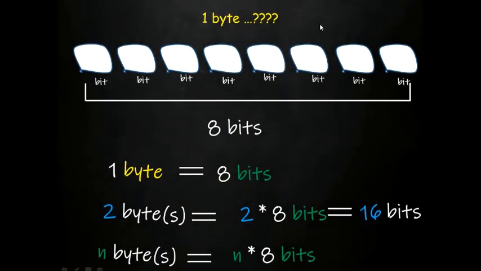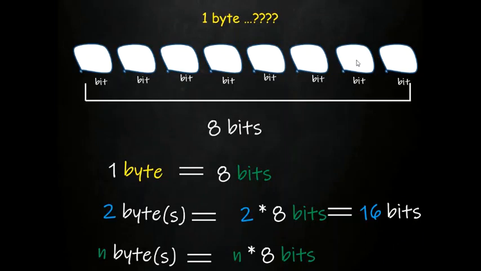So what is 1 byte? 1 byte consists of 8 bits. Each place that you see in white over here is a bit. So anytime you are writing the binary equivalent of any decimal number, make sure you group it in multiples of 8.